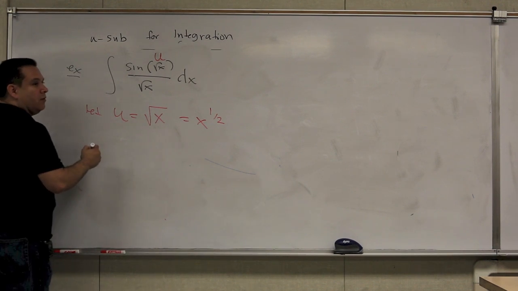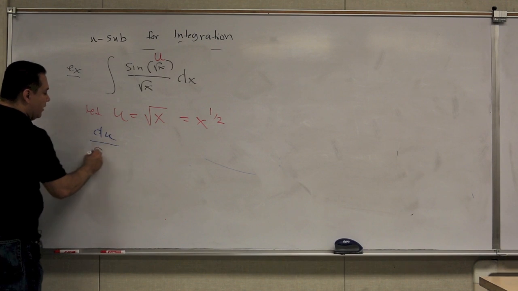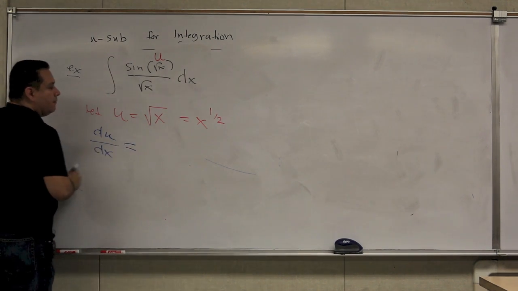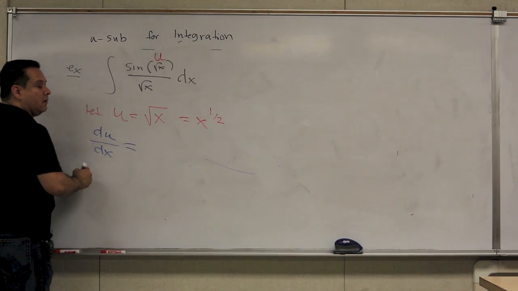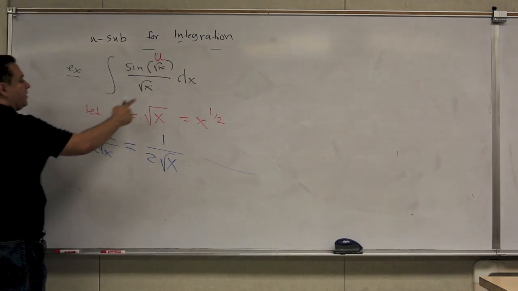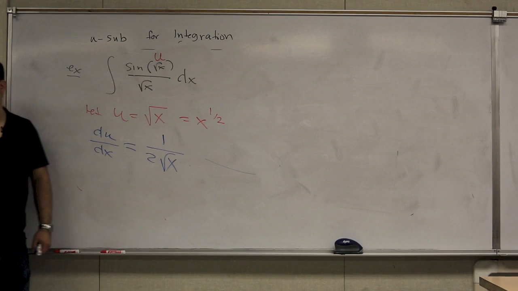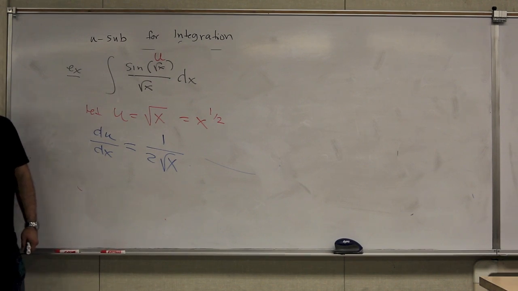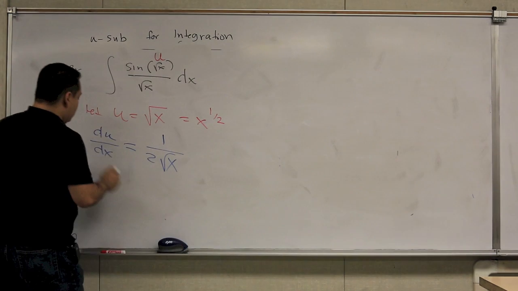What is du? Well, what's the derivative of u with respect to x? Sorry. What's du dx? Anybody want to tell me what that is? Is that 1 over 2 square root of x? Because I differentiate u with respect to x? Is that right? Now what do I do? Solve for what?